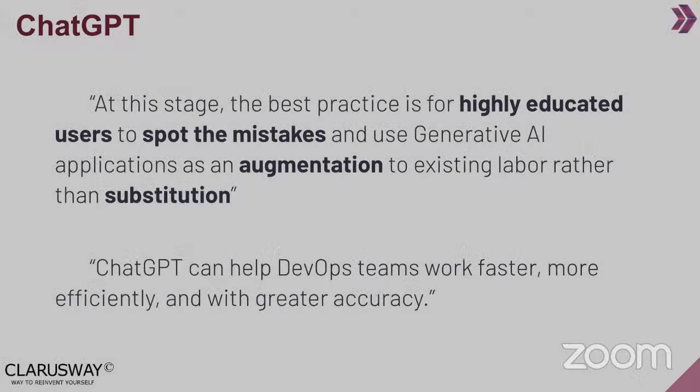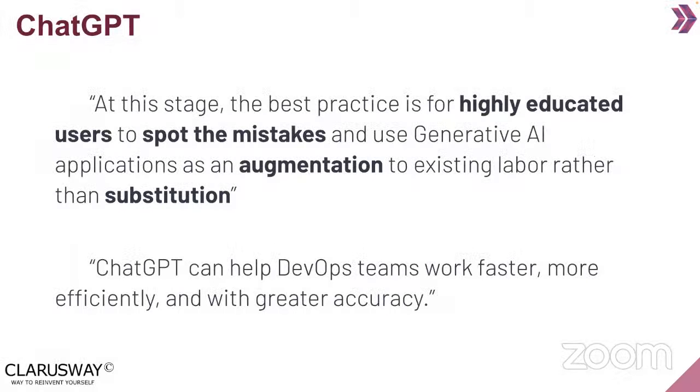This is code that we took from a widely used magazine, and at this stage, as for DevOps practices, we should be highly educated and very competent in our area to spot the mistakes.